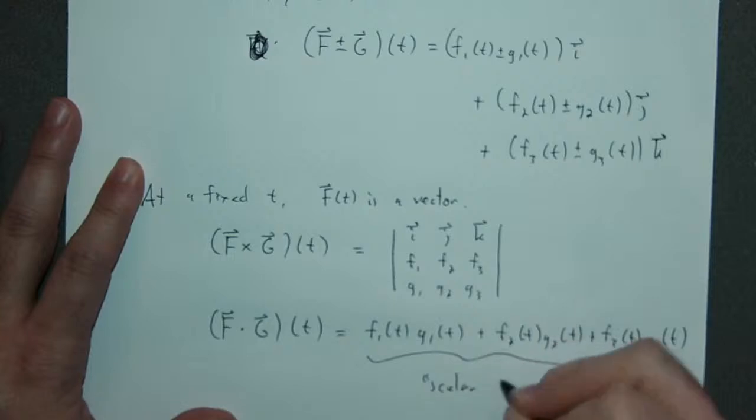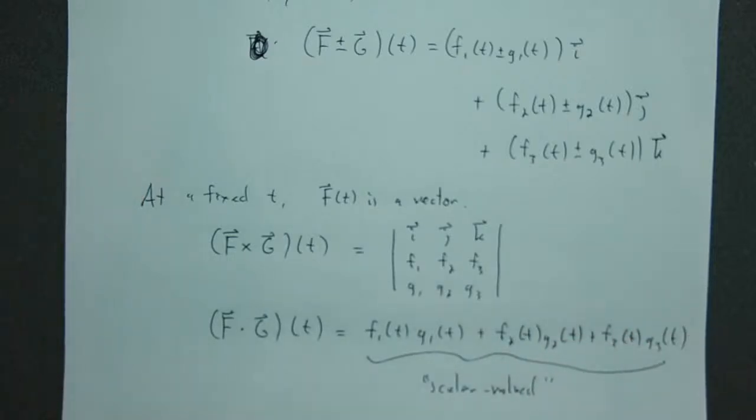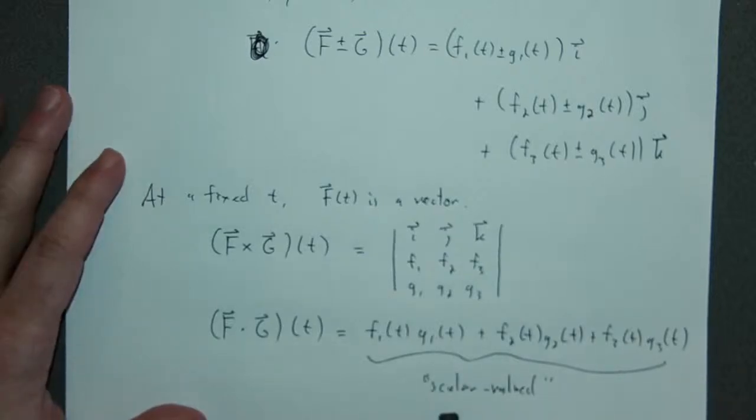And so here is a good example of why we have introduced another word for constant. We know that a scalar is a constant. It's just a real number, right? But why might we want to use scalar over constant sometimes? Because it can be confusing if I were to call this constant valued, right? Because we know what it means.